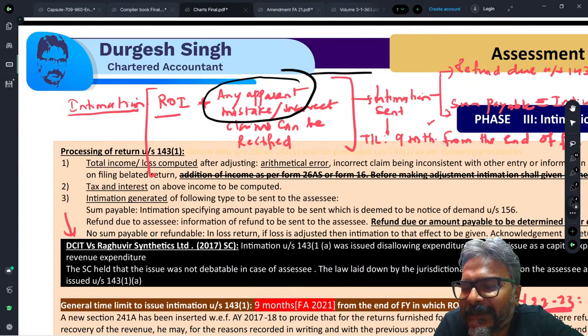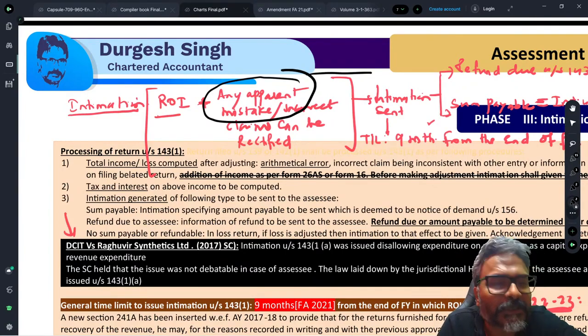then that return can be said to have an apparent mistake. Because that return can be said to have an apparent mistake, the rectification of such apparent mistake becomes mandatory. Will that become mandatory? To that the answer is yes.